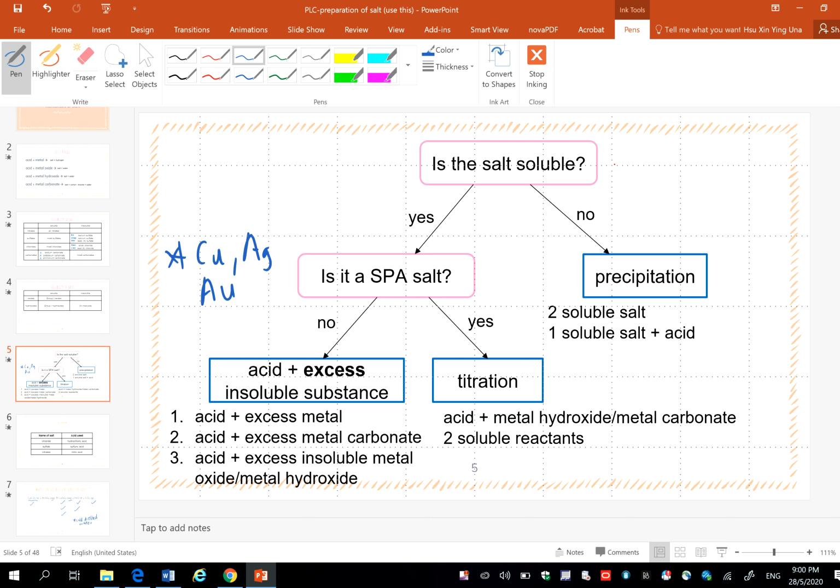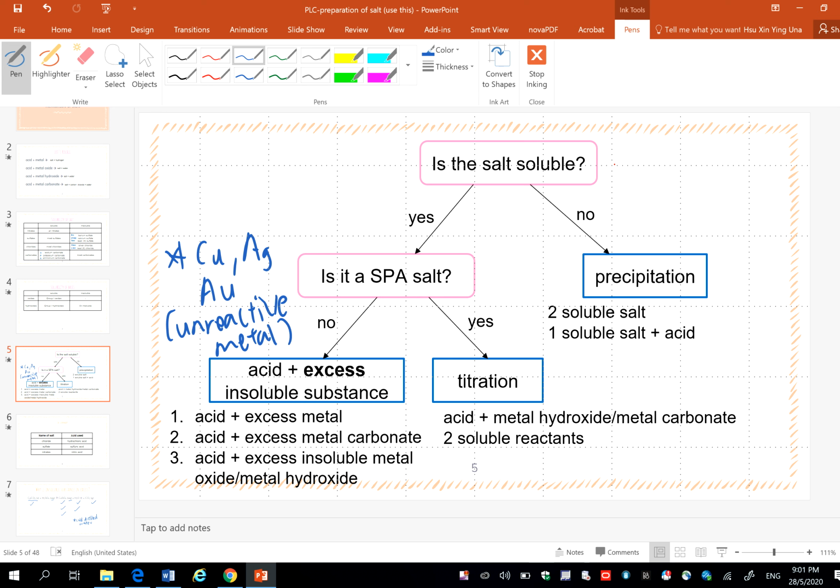They do not react directly with acid because they are very unreactive metals. Later on towards the end of the year, you will learn about the reactivity series of metals, and you will know that these 3 metals are very unreactive, so they cannot react with acid directly. Hence, you can use either copper 2 carbonate, or copper 2 oxide to react with the acid to produce the copper salt that you want.